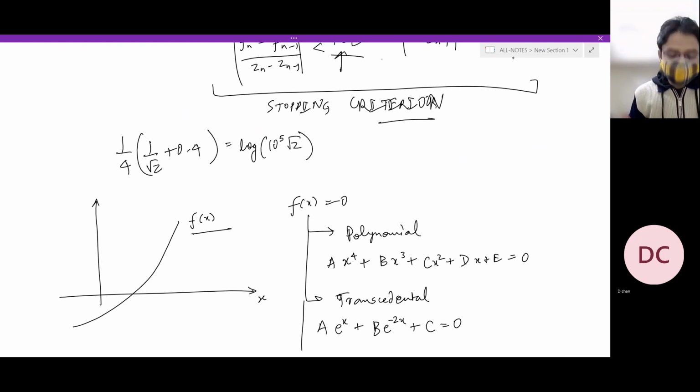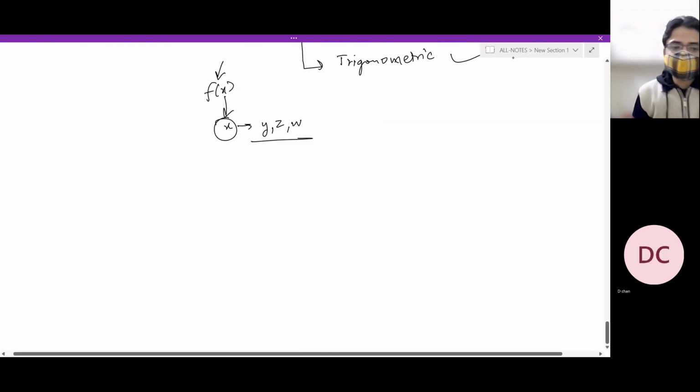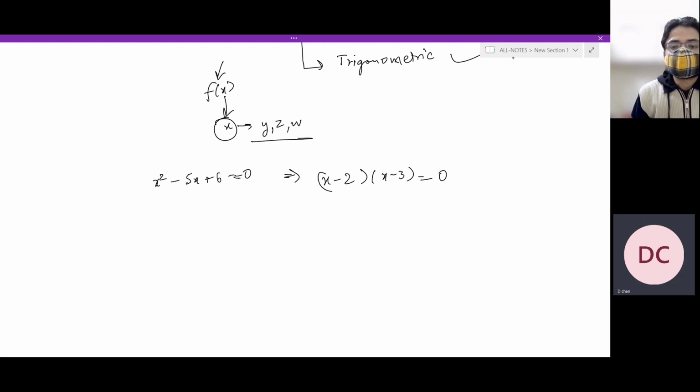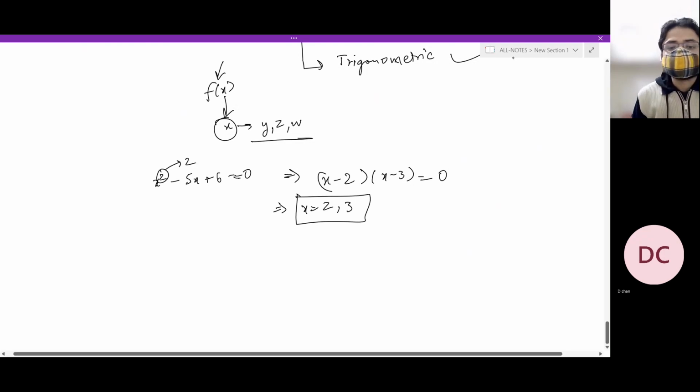Now sometimes, if you have a simple equation, for example, x squared minus 5x plus 6 equals 0, it is probably easy to solve this, right? You can just write x minus 2 times x minus 3, and this becomes 0. And this gives you x equals 2, x equals 3. Now you have two roots right here because the degree of this polynomial equation is 2.